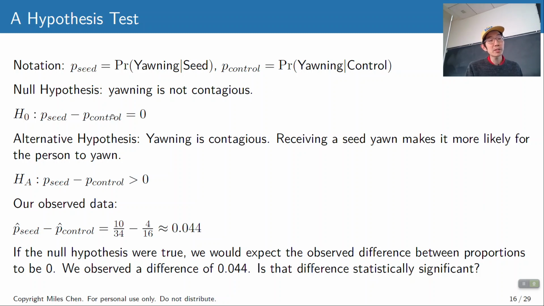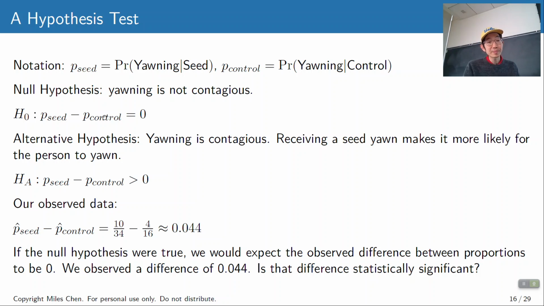The null hypothesis is that these proportions, the probabilities that somebody yawns, are the same for both groups. That is, yawning is not contagious; whether you're in the control group or the treatment group doesn't affect your probability of yawning.